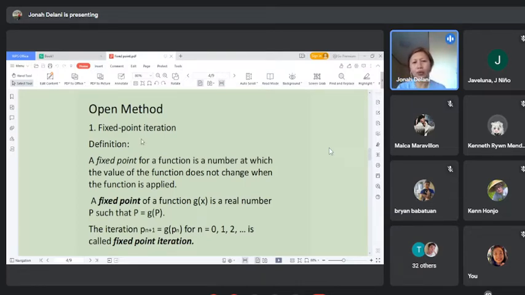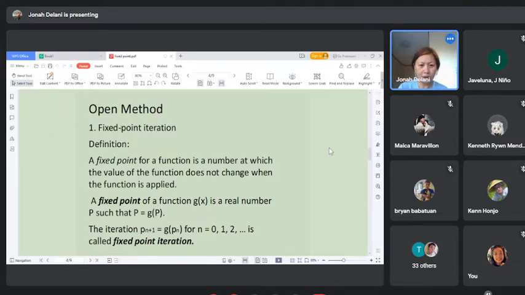Open method means we do not have to have two values as our interval. In all other methods, which we will later find out, the root that we are to find is within two intervals. We call it a closed method. The fixed point iteration is an open method.